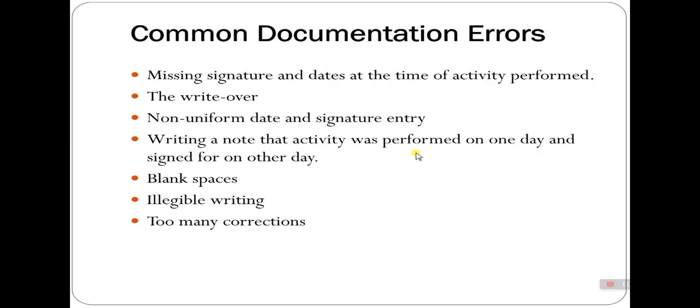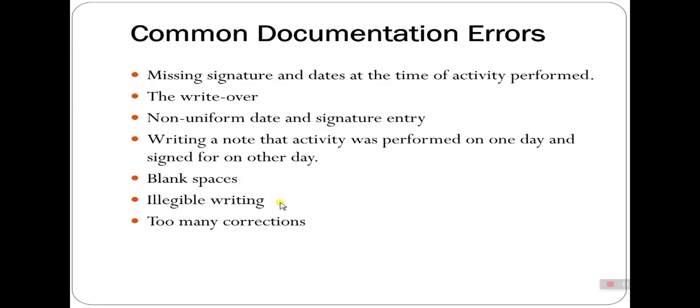And writing a note that an activity was performed on one day and signed on another day, right? If an activity is performed today and it is signed with another day, even this will be a documentation error.